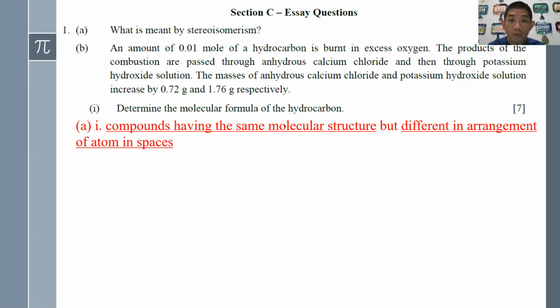Now, if I were a student, I would usually try my best to define as fully as I can. I will even mention that it includes geometrical isomers and also optical isomers.